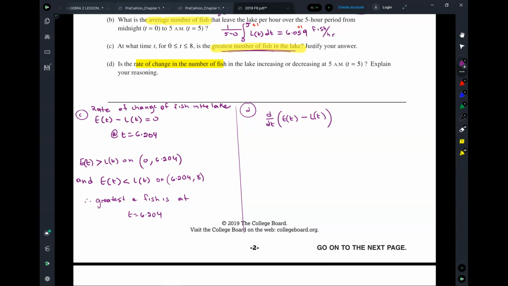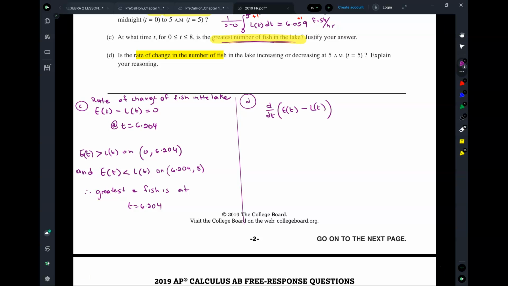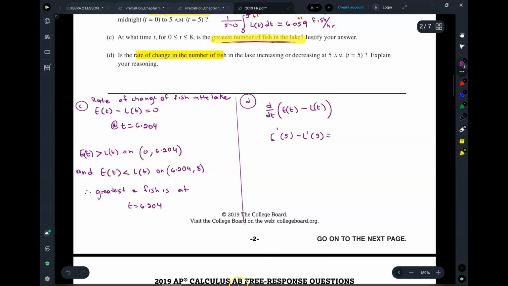You're going to see that it's not increasing, it's decreasing. So the rate of change of the number of fish in the lake, is it increasing or decreasing at t equals 5? This is the derivative of this, right? So it's E prime of 5 minus L prime of 5. Let's see how much that is.